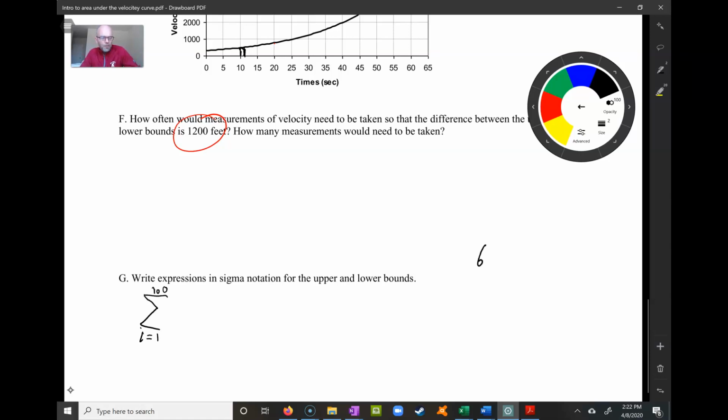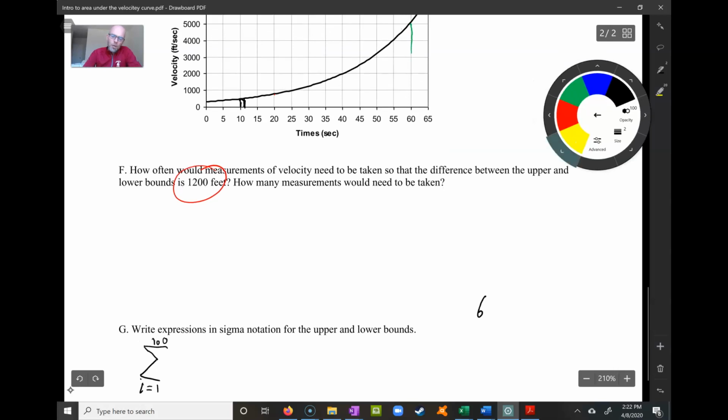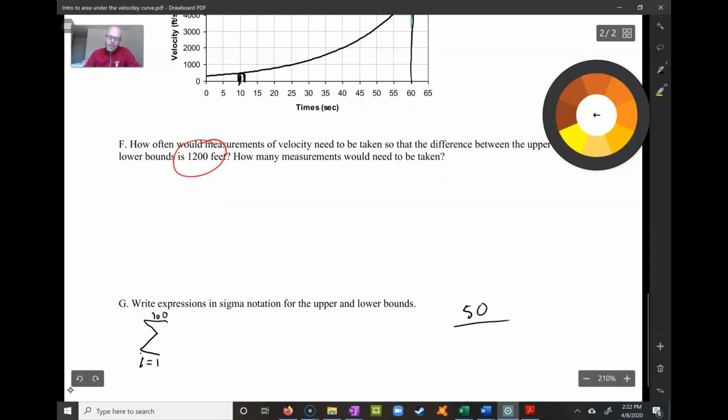So I'm assuming that you've paused and you're back in now. The width of that rectangle is just going to be the total time interval from 10 to 60, which would be 50, divided by the number of rectangles, which we said was 100, so that would be 50 over 100.